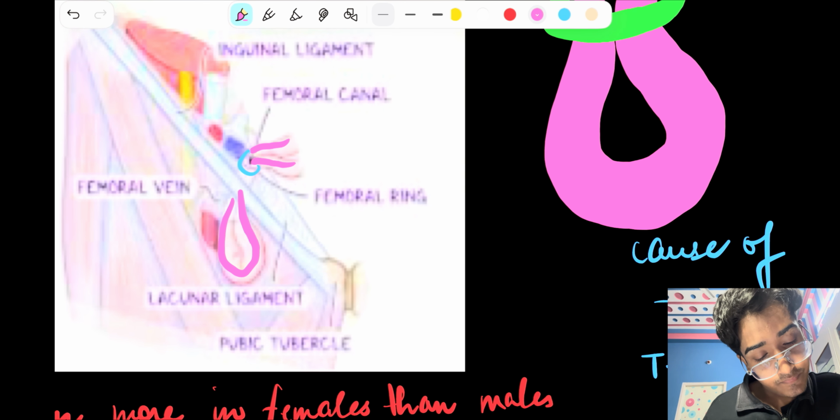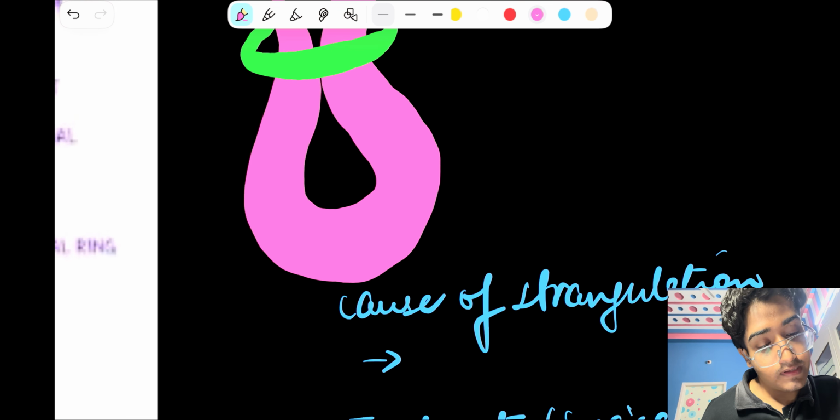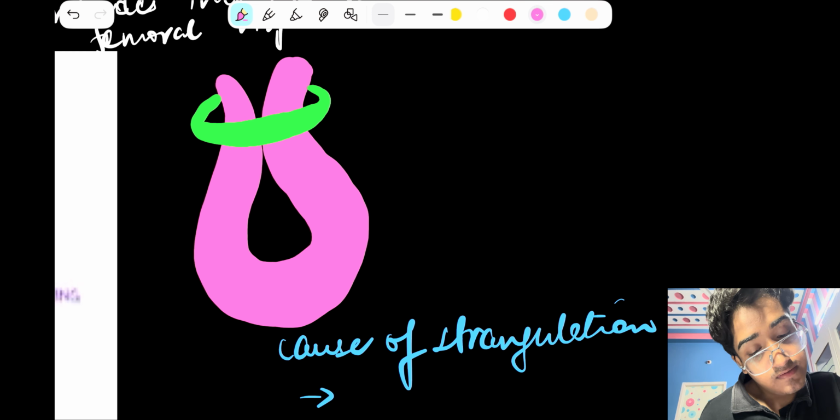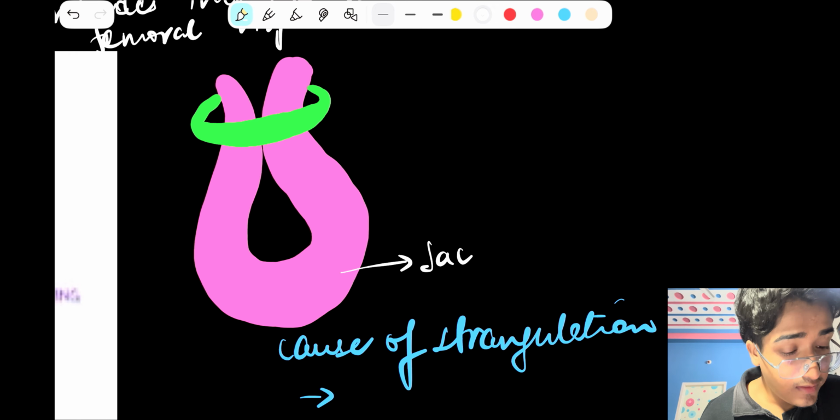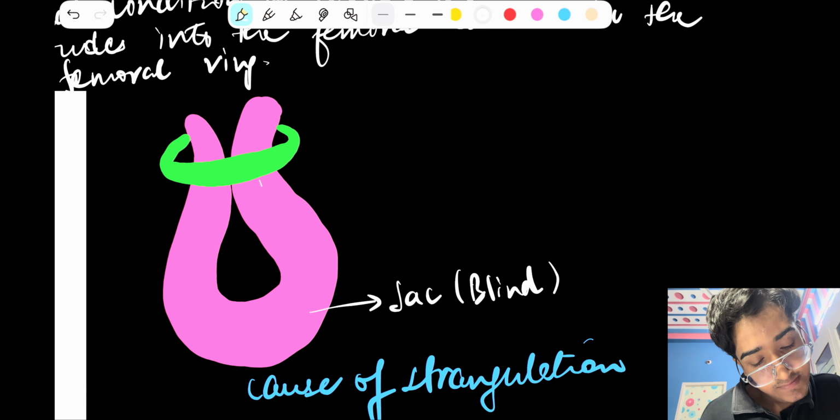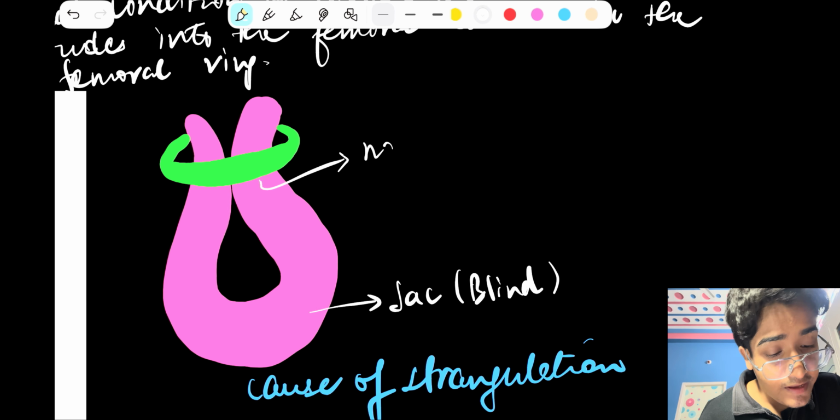Now basically a hernia has these parts. It has a sac, which is a blind sac, and it has a narrow neck.